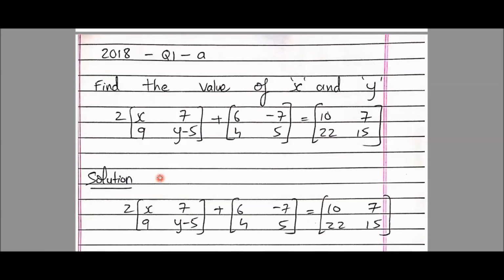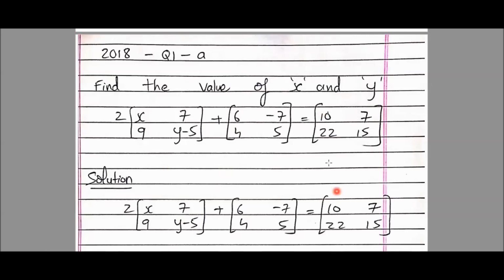Before starting with the solution, please listen to this carefully. Whenever you need to find any unknown values within a matrix, the unknown values can be obtained only by comparing two matrices. We can compare only when there is one matrix on the right hand side and one matrix on the left hand side.